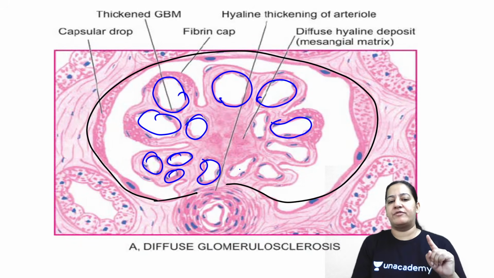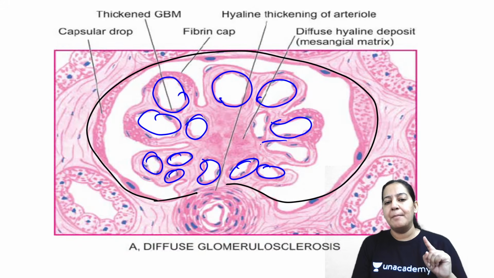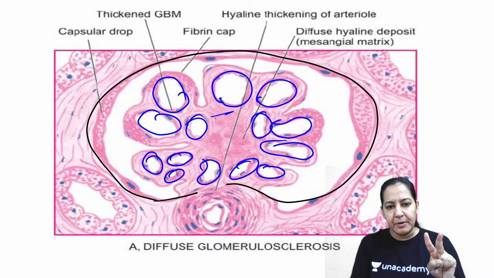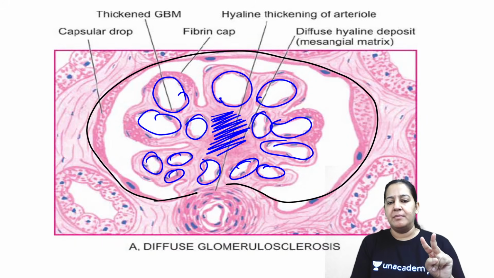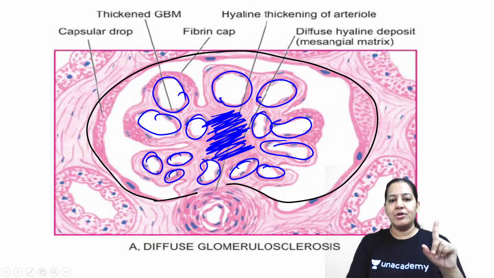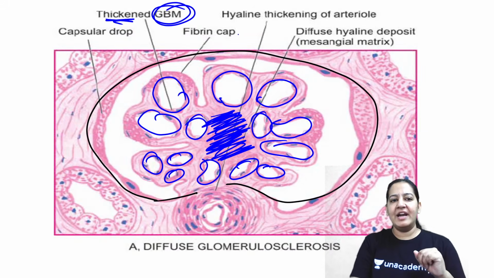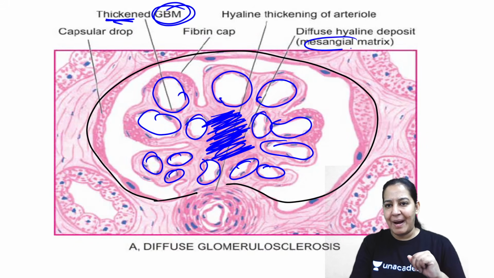Number 2, it is deposited in the mesangium. You know, mesangial matrix and mesangial cells, the space between the capillaries. Number 2, it gets deposited in the mesangial matrix.